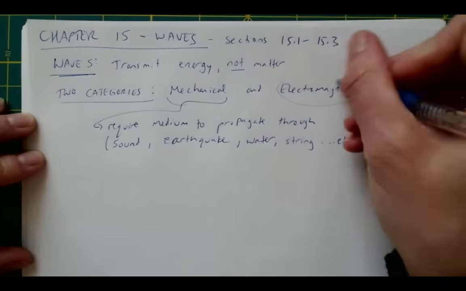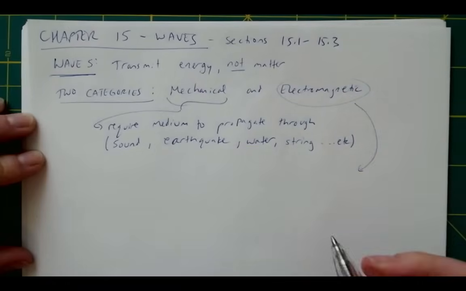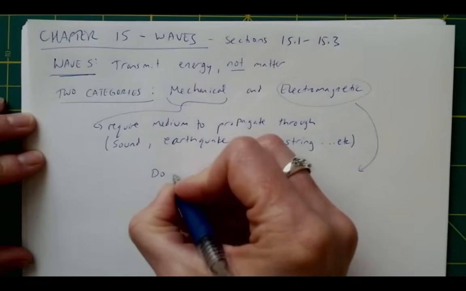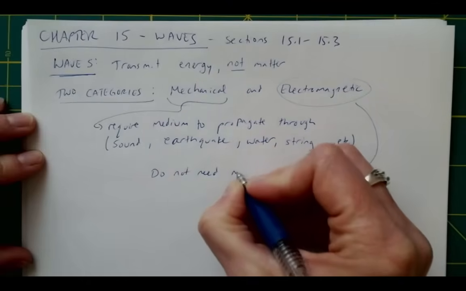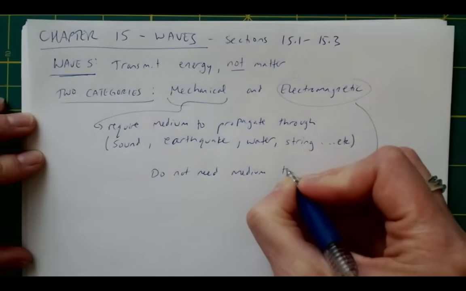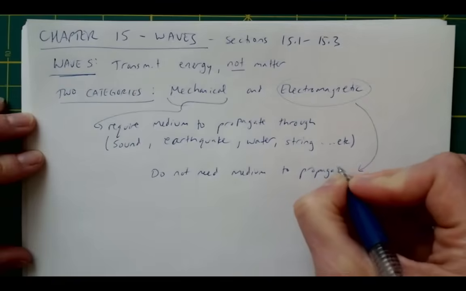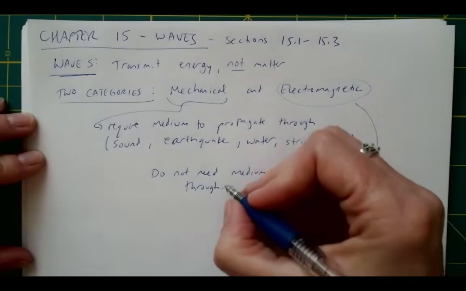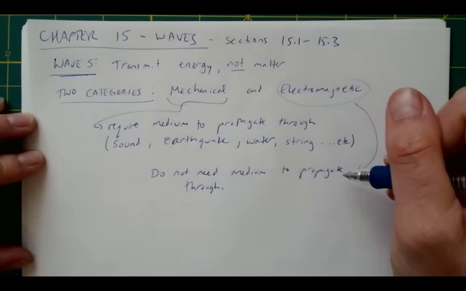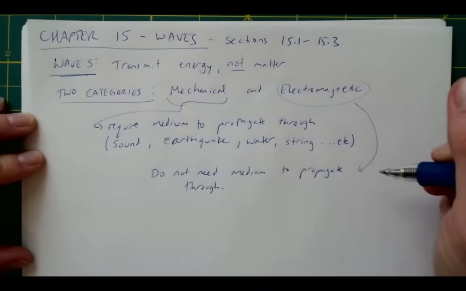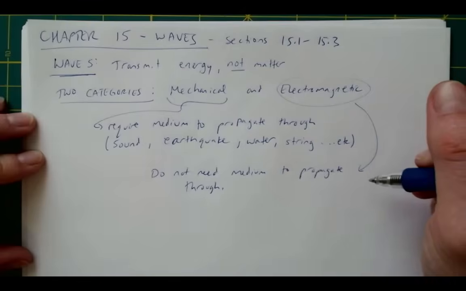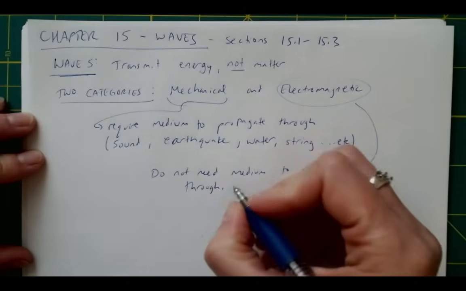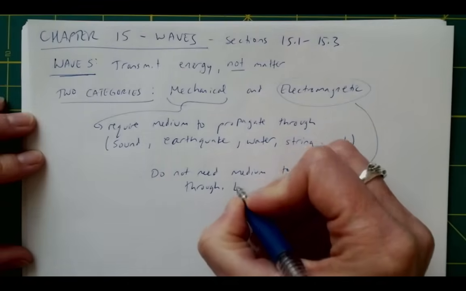Now, electromagnetic waves, to contrast, do not need a medium to propagate through. A laser pointer can be shone through a vacuum jar and it's undisturbed, and similarly we can send radio waves through outer space. They're a type of electromagnetic wave.